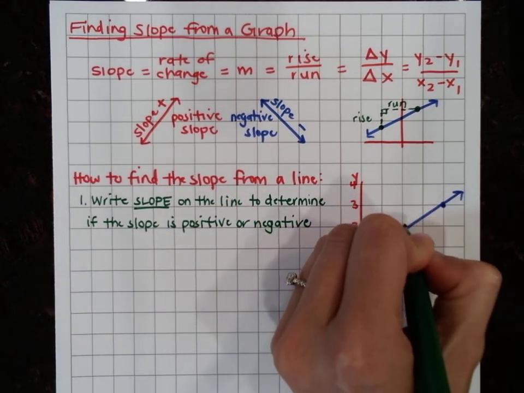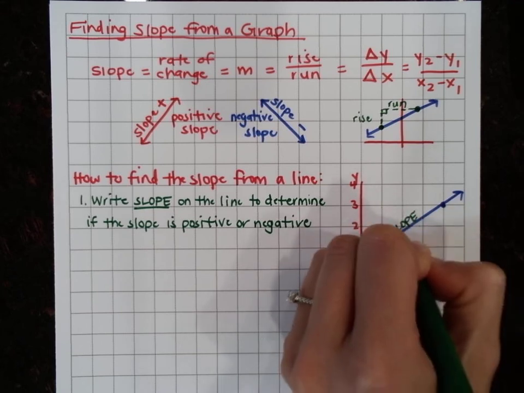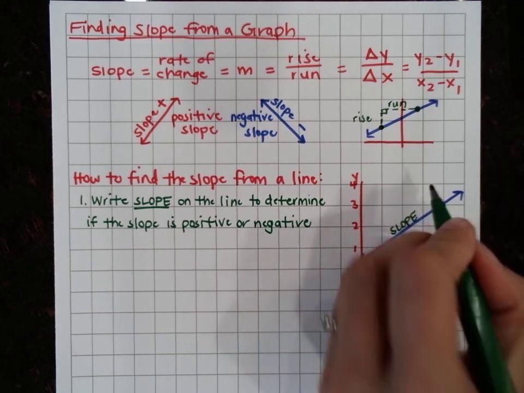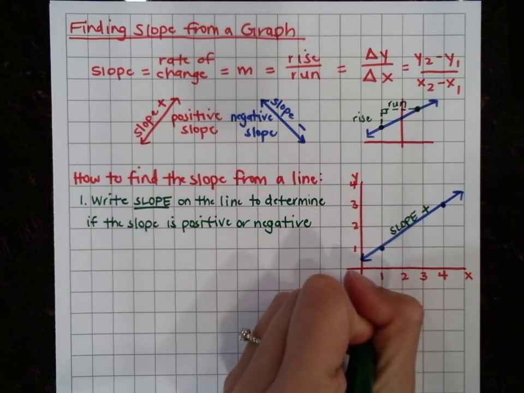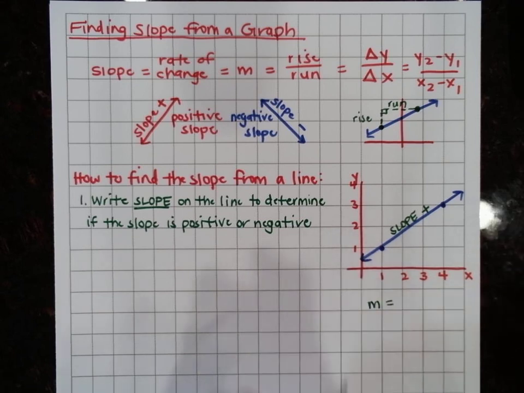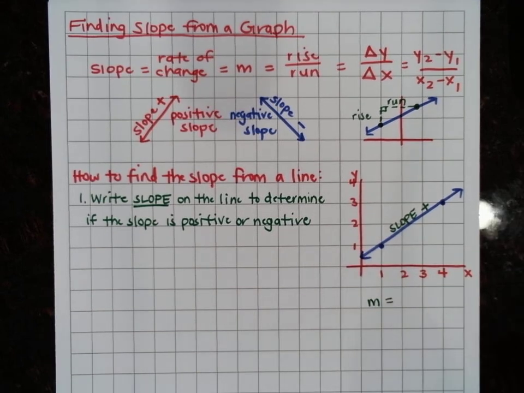Okay, so I'm going to go ahead and write slope. When I write slope, it's going up. And so that tells me that my slope is positive. So far we know m equals, it's a positive number, so we don't need to write a plus sign.